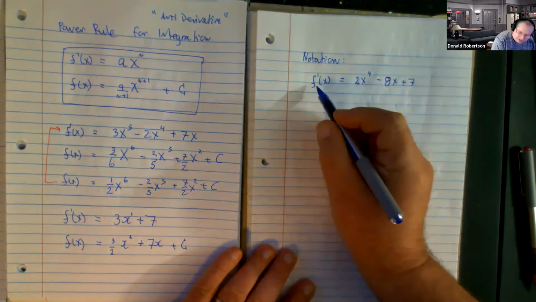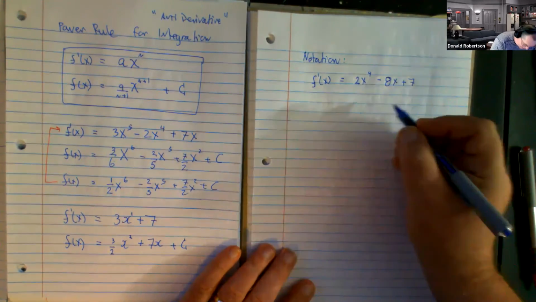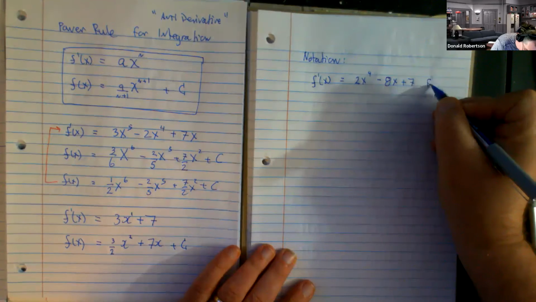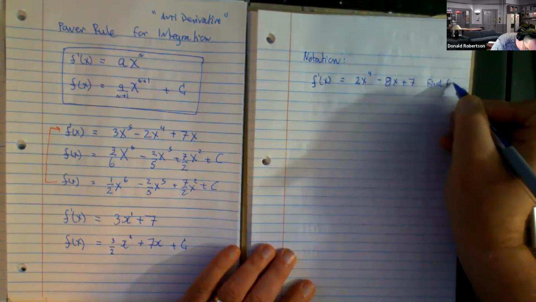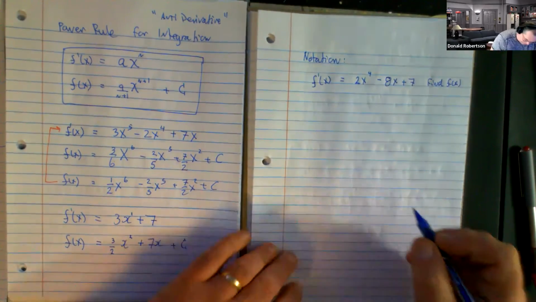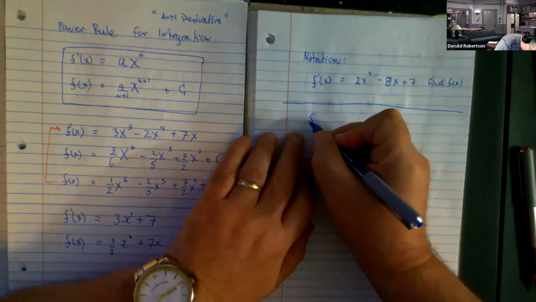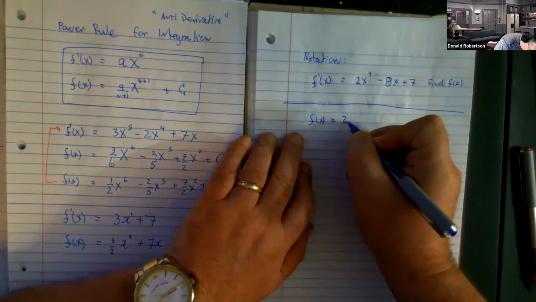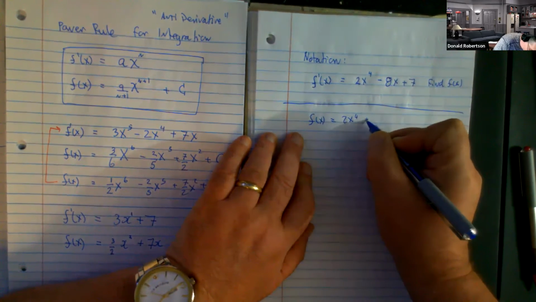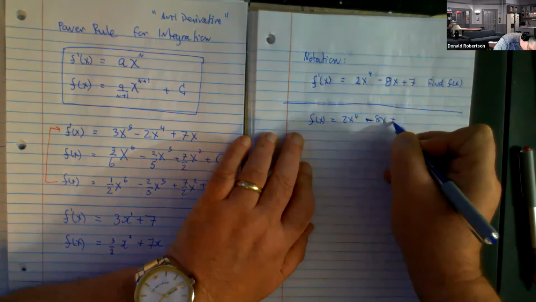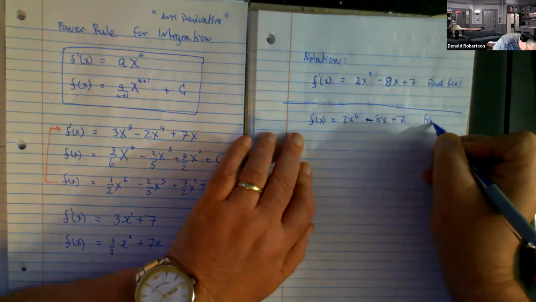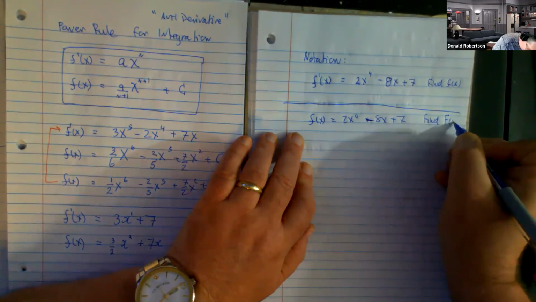There are two main ways in which you are asked to find an antiderivative. The first way is they'll tell you what the derivative is, and they'll ask you to find f of x. And the other way that they do it is they tell you that there's a function called f of x, and they'll ask you to find capital F of x.